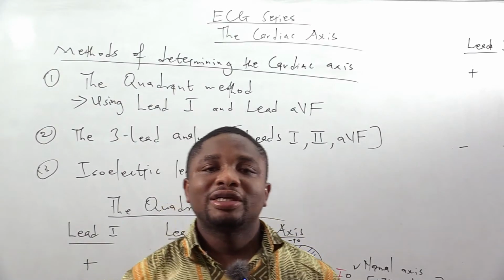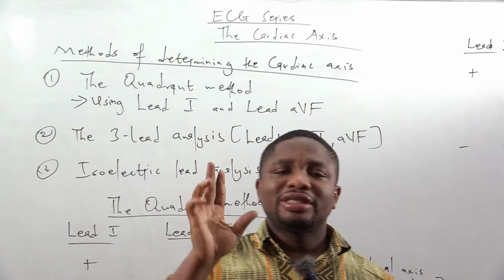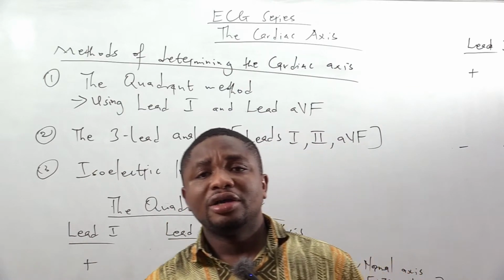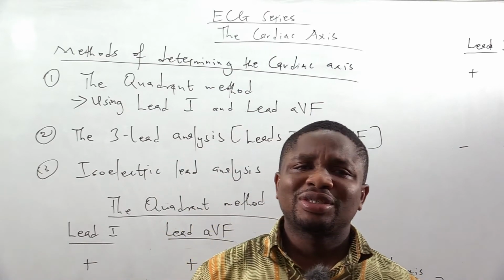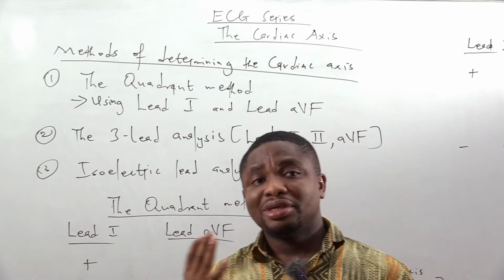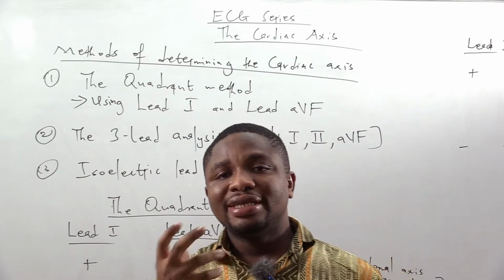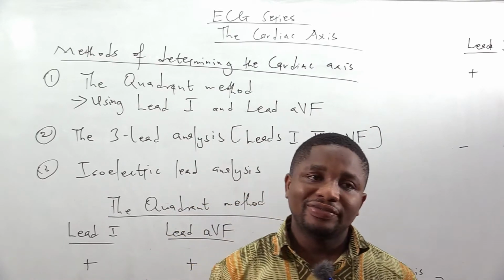Alright, so now let's look at the methods of determining the cardiac axis. There are three useful methods, and after that, we'll look at some tricks also used in determining the cardiac axis. We'll start with the quadrant method, where we are going to be using leads 1 and aVF.